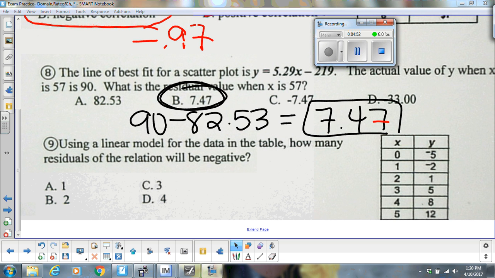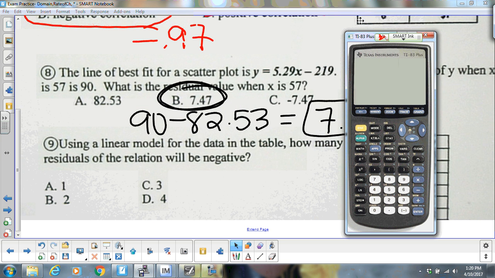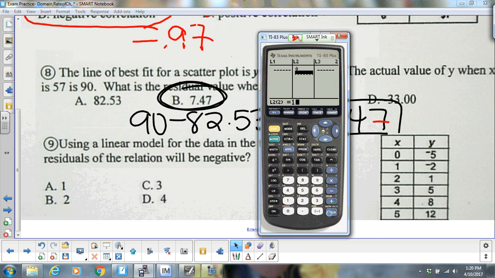All right, problem number 9. Again, talks about your residual. We are going to start by stat, edit. It's going to be 0, 1, 2, 3, 4, and 5.